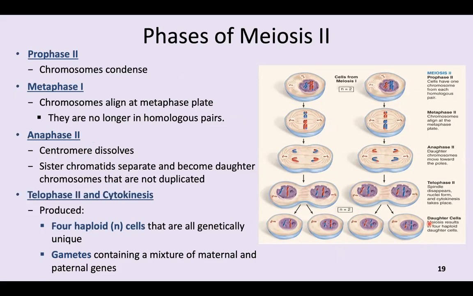So these are gametes containing a mixture of maternal and paternal genes. Because of crossing over and independent assortment, you get different variants. You get 4 haploid daughter cells that are different from one another.